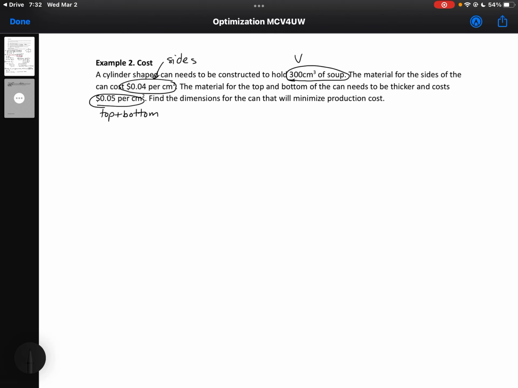So first thing that we're going to need to do is define our variables. So if I draw a sketch of our can over here, I'm going to let R represent the radius. I'm going to let H represent the height.